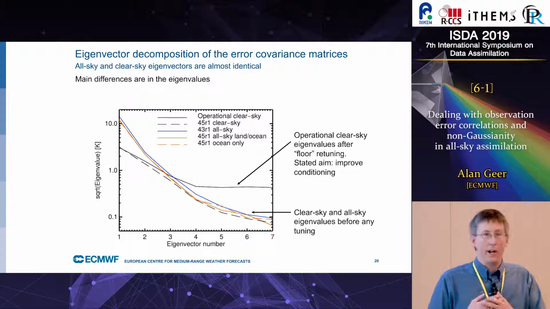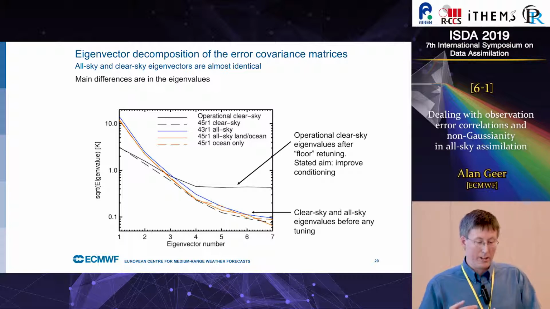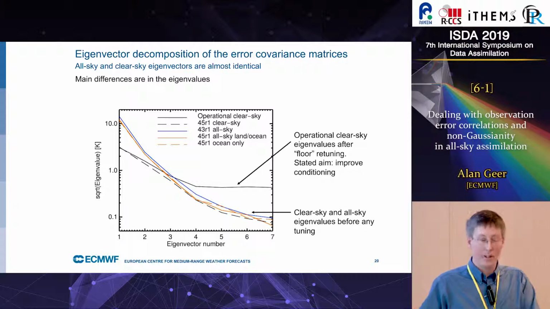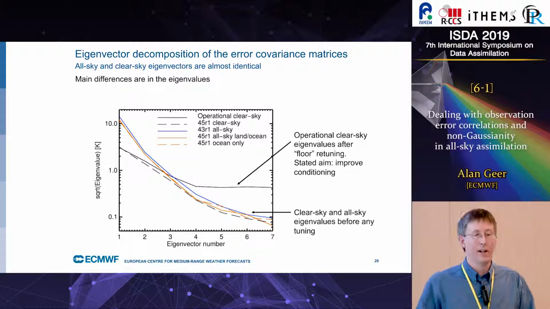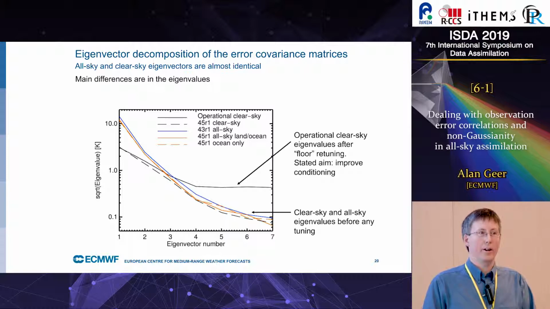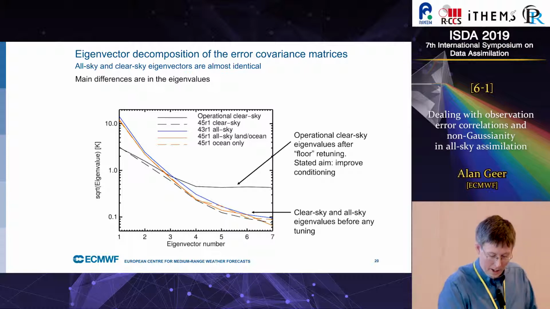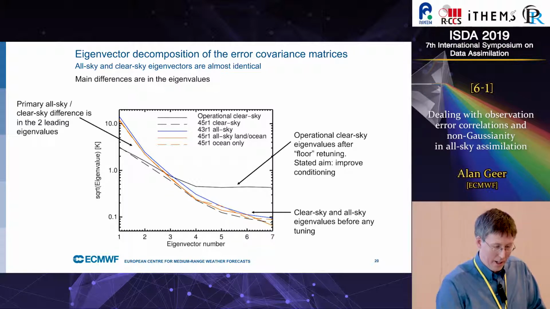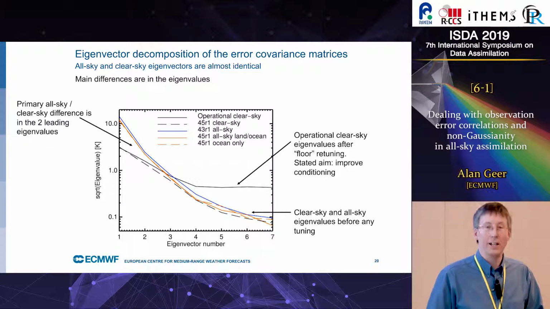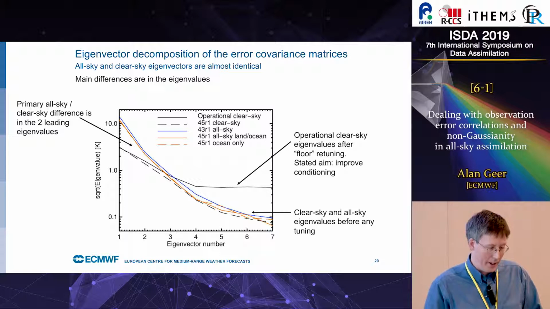But whether you take a global error covariance matrix, so departure error covariance matrix from clear sky observations or for all-sky observations, without that eigenvalue floor, they all have very low trailing eigenvalues, and they're all quite similar. So again, the trailing eigenvectors and values of a clear sky error covariance matrix or an all-sky error covariance matrix are very similar for this particular application. And actually, the main difference is in the leading eigenvalues and eigenvectors.